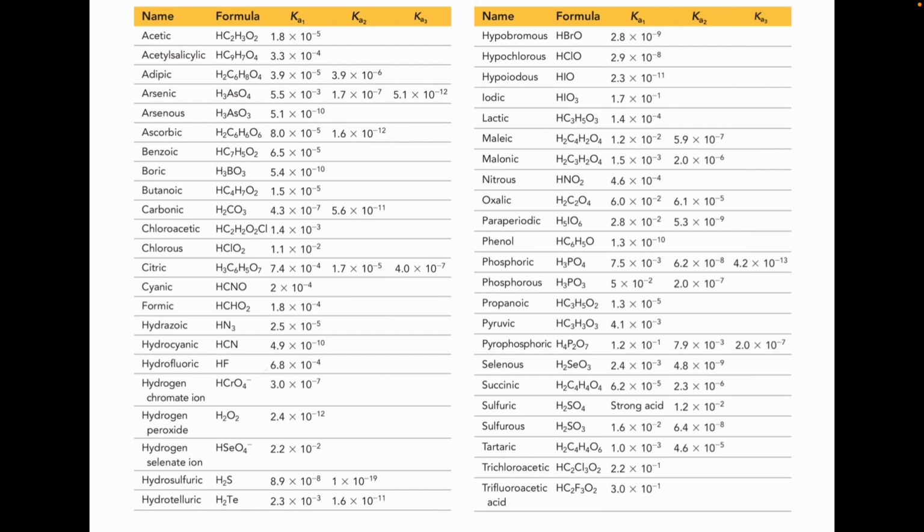So absolutely, I need a Ka value. Where am I going to look? On our table here. Notice that they're listed alphabetically, and I will always give you the name of the acid in addition to the formula so that you don't spend forever trying to hunt it down. This one was propanoic acid.